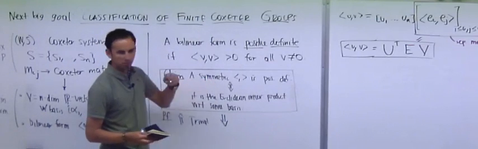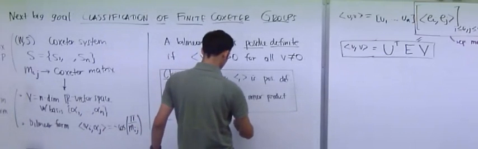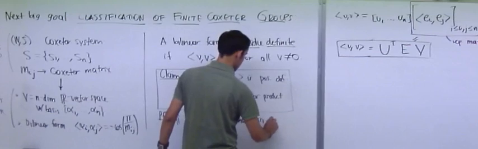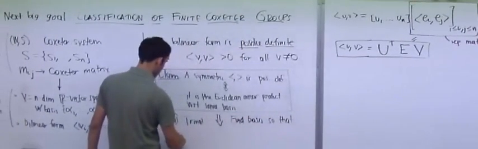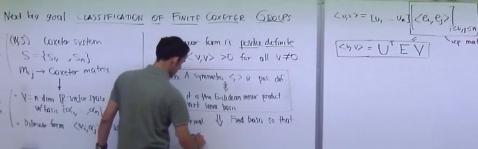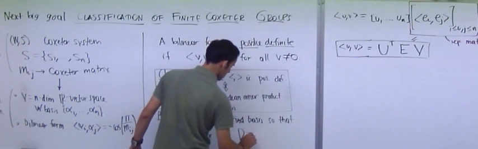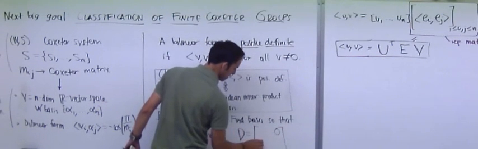And that means that we can find some basis so that the representing matrix looks like this. Looks like some diagonal matrix where we have zeros here, and we have numbers here.